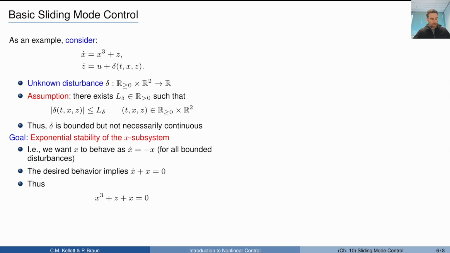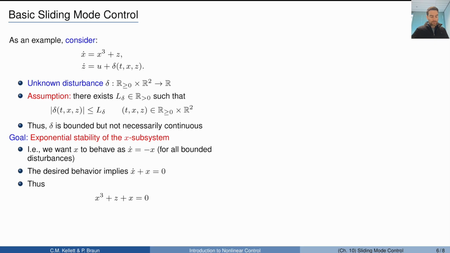Then what we want to achieve now is exponential stability, or let's say asymptotic stability of the origin of the x subsystem. That would mean stabilizing the output y is equal to x, for example, which means what we want to achieve is that our subsystem x dot essentially behaves like this, that it looks like x dot is equal to minus x.